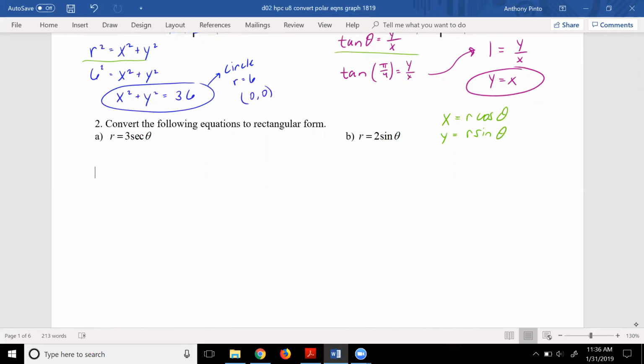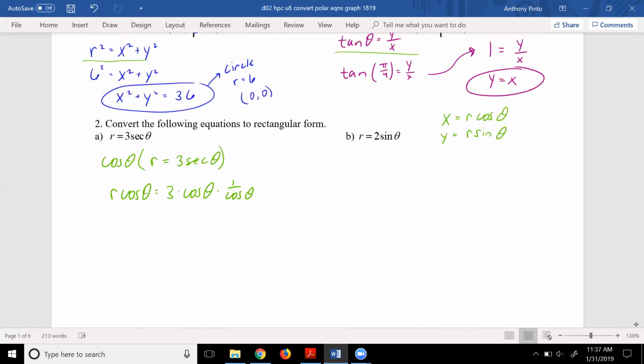Now the nice thing is this is secant of theta, so if I multiply that by cosine, that's going to give me 1. So multiplying both sides of the equation by cosine of theta, I'm going to get r cosine of theta on the left side and 3 times cosine of theta times 1 over cosine of theta.